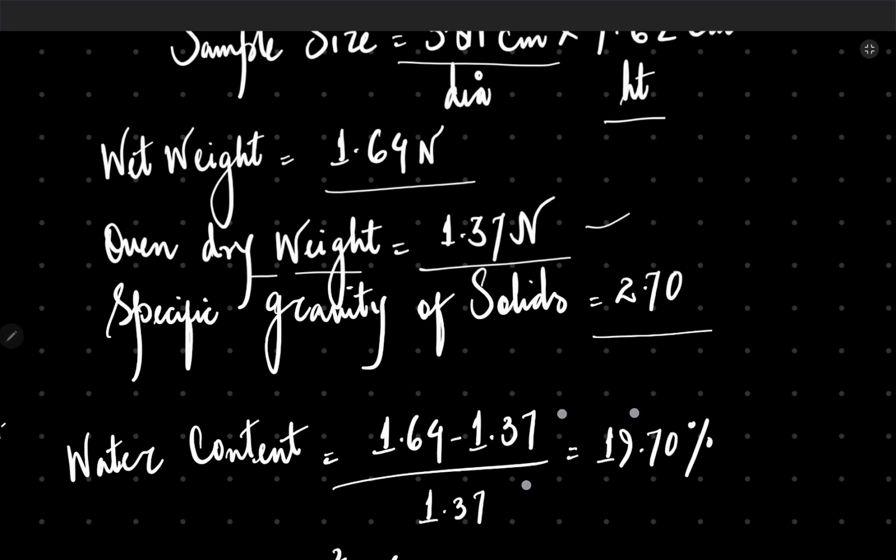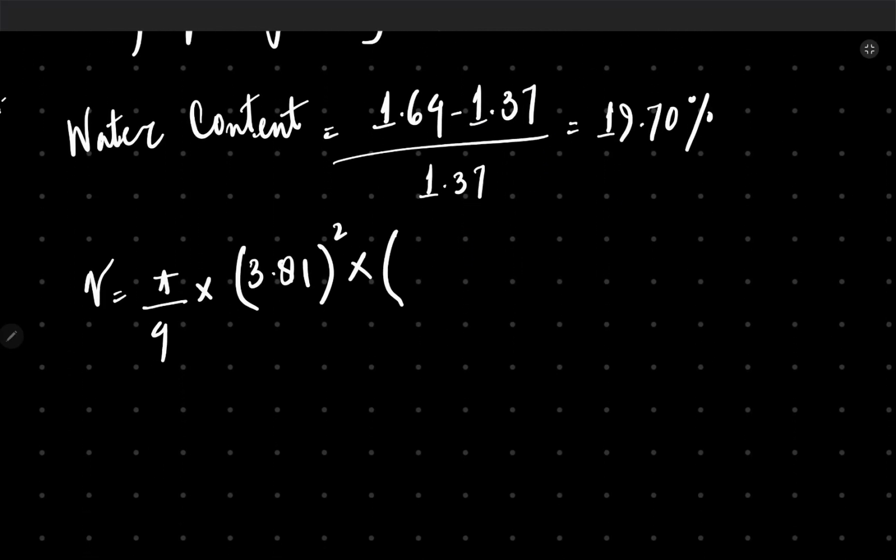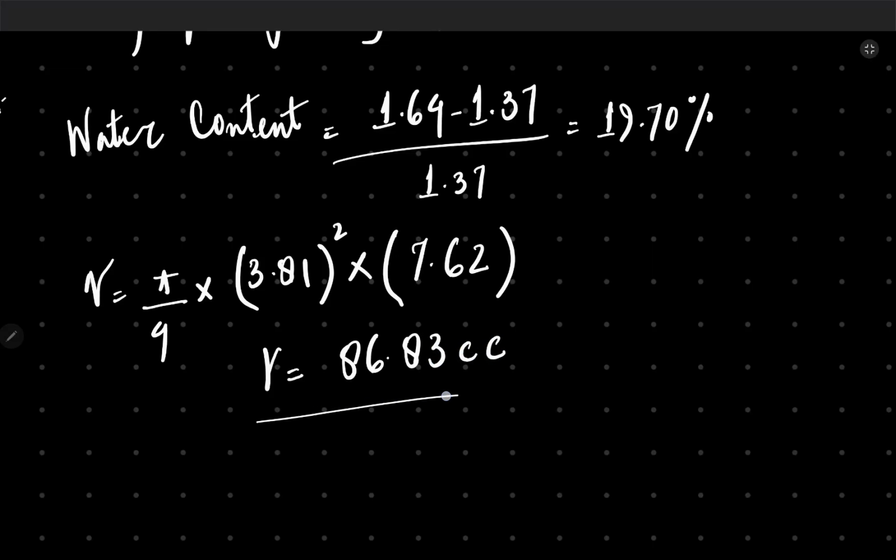Height is 7.62 centimeters. So by calculations, it is 86.83 cc or cubic centimeter. All right, so this is the volume of soil sample.